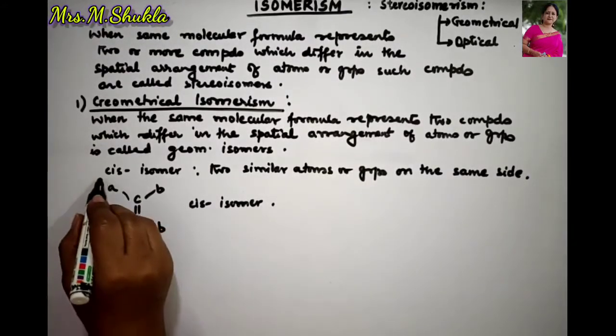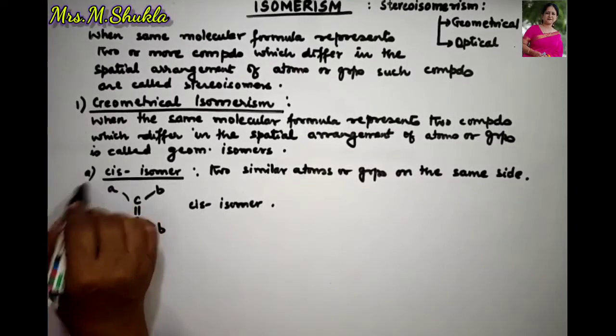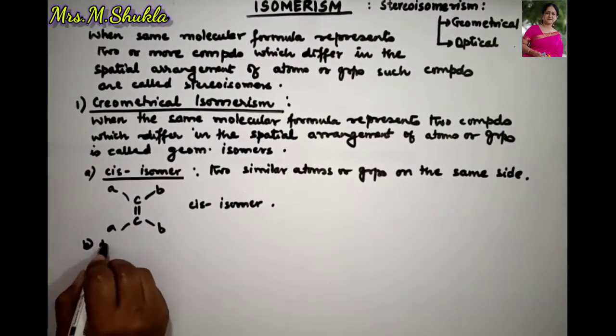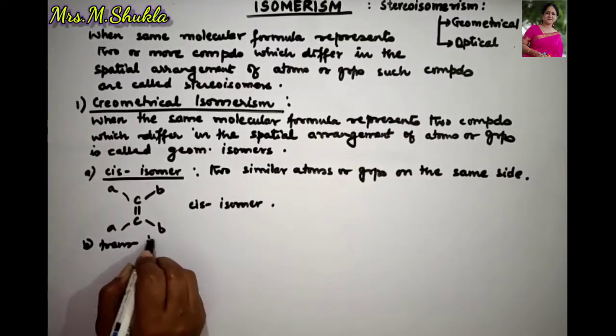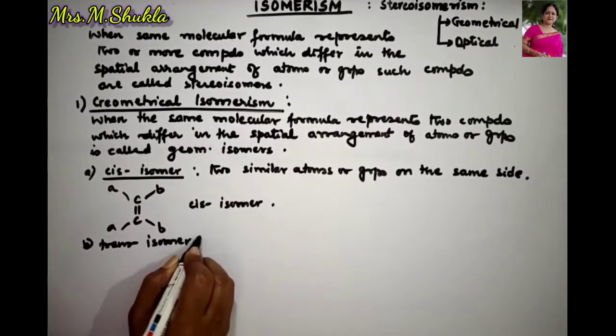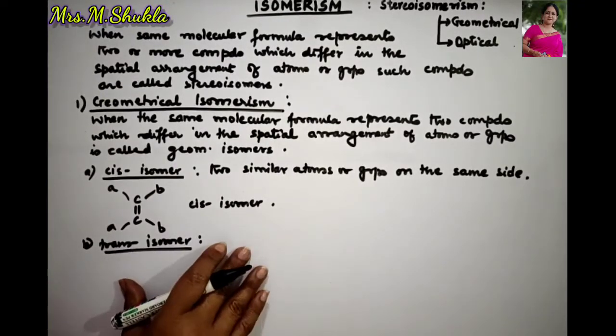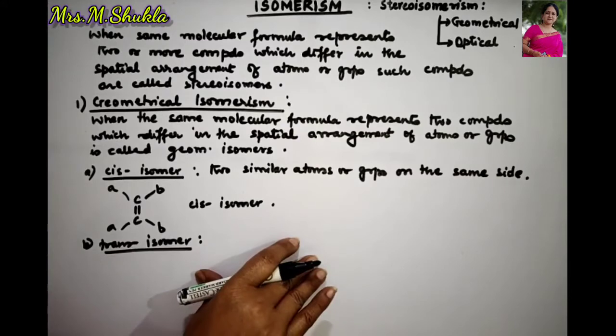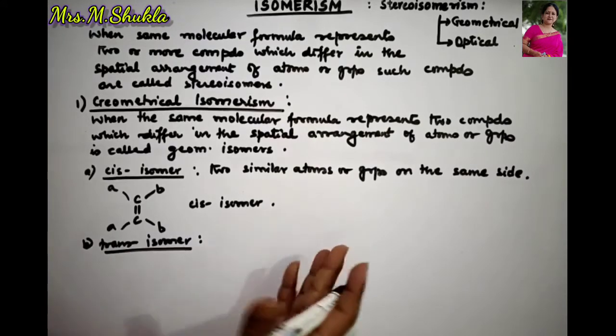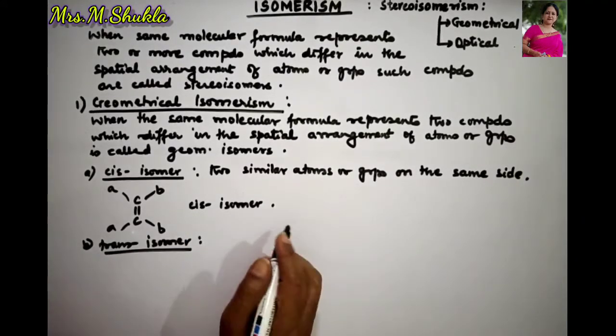Followed? Now let me talk about the next one, that is the trans isomer. Now trans isomer, when two similar atoms or groups are on the opposite sides of the double bond, okay.